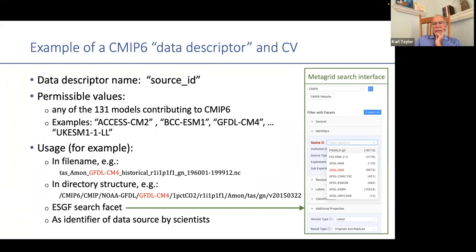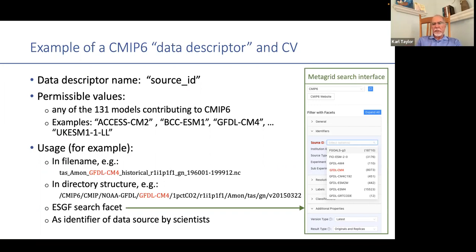Just to give you an example from the search facet realm, I'm focusing on a particular model here, GFDL. In the metagrid search, one of the facets is the source ID. That's the name of the data descriptor.